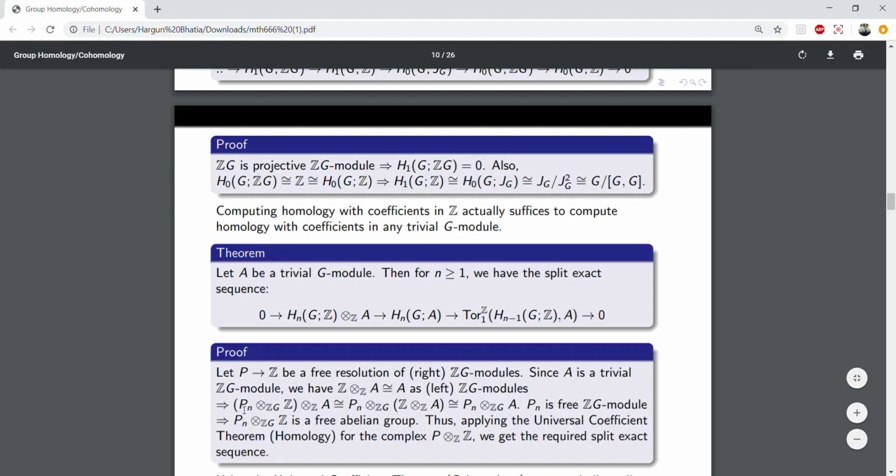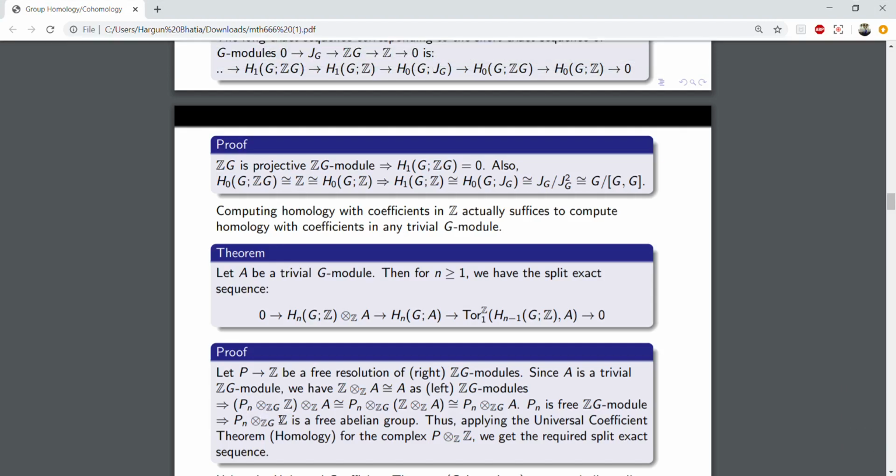Now note that this Pn is a free ZG module, hence Pn tensored with Z over ZG is a free Z module, a free abelian group. So you have a complex of free abelian groups, P tensored with Z, and then I'm tensoring this with A. Because this is a free abelian group, I can apply the universal coefficient theorem for homology to conclude that the homology of this complex is related to these two separate homologies.